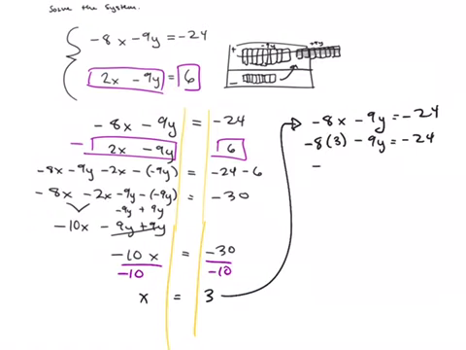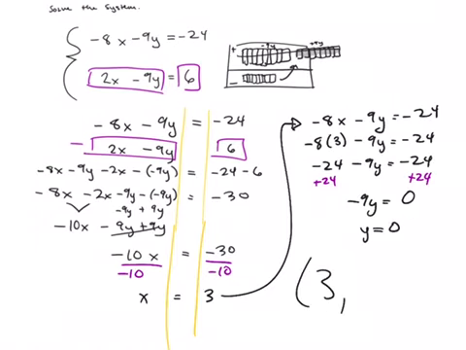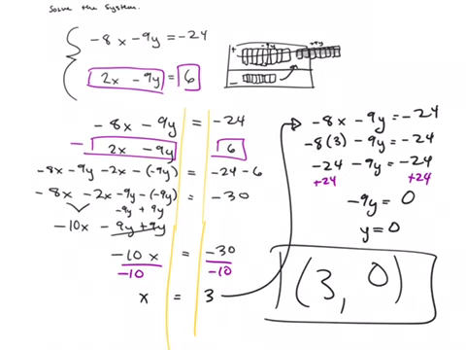Now I have a single variable equation, negative 24 minus 9y is equal to negative 24. I'll add 24 to both sides, and I get negative 9y is equal to 0, which means y is equal to 0, which means my solution is x equals 3, y equals 0, or the ordered pair 3, 0.